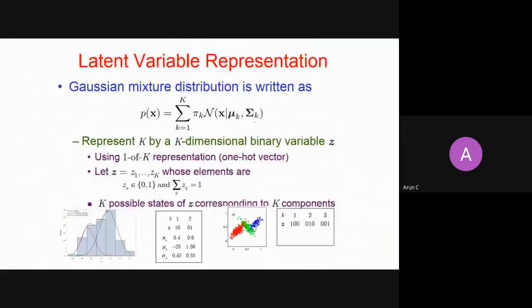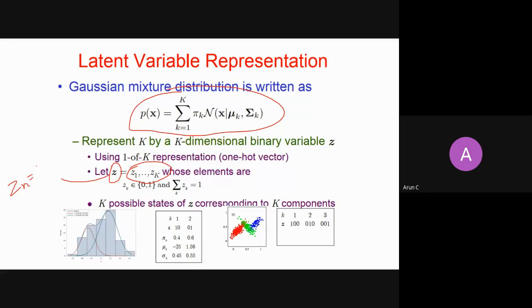I have already told you what this is. This is a latent variable Z, which corresponds to every nth point, so it is a vector.